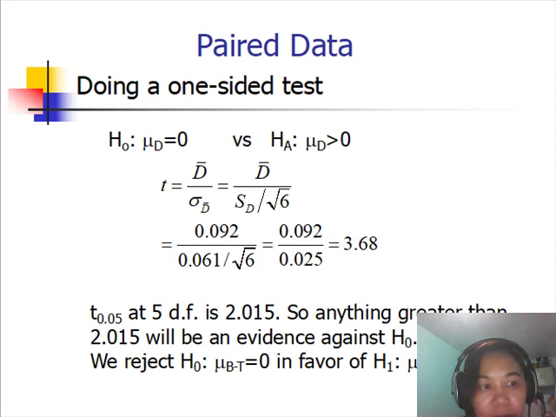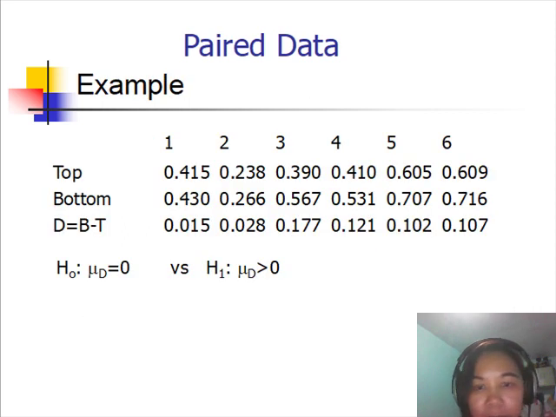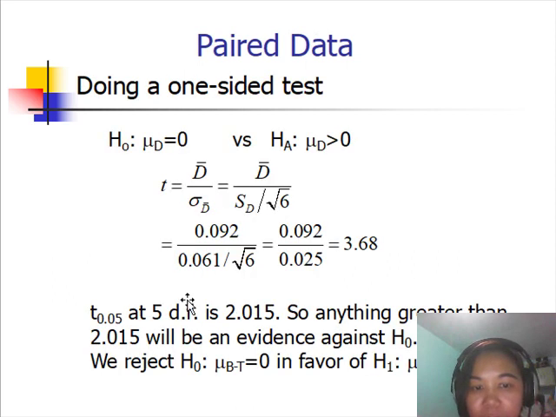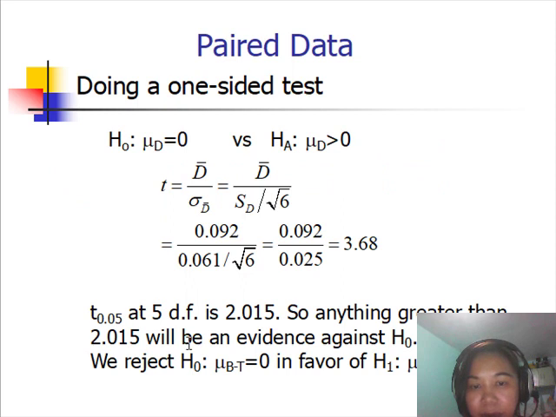Okay? So in the example, we set alpha to be 0.05. And take note that our alternative is a one-tailed test, so we will not divide alpha by 2. Our df is simply n minus 1. There are 6 locations, so n is 6, minus 1, so we have 5.